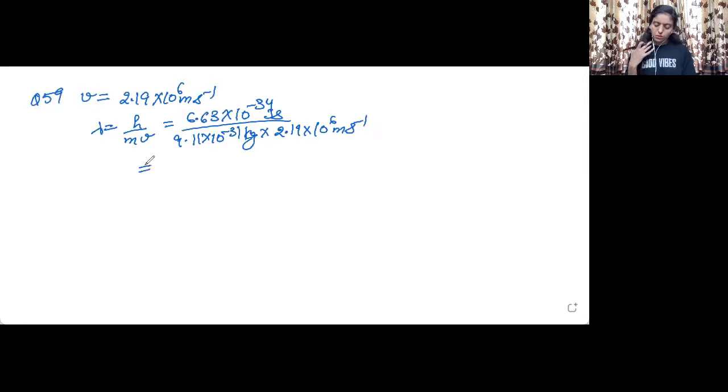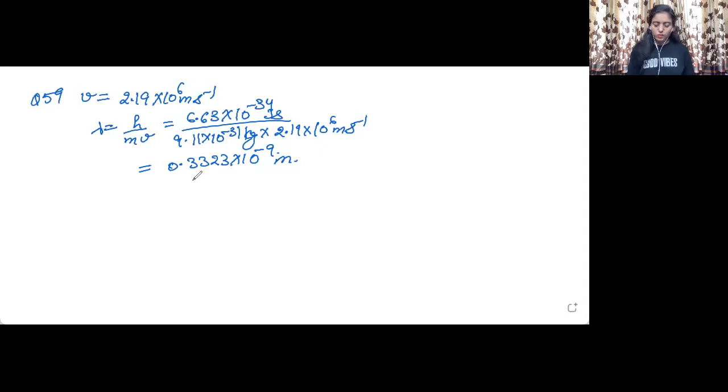So 6.63 divided by 9.11 divided by 2.19 is coming out to be 0.3323 into 10 raised to the power minus 34 plus 31 minus 6, that is minus 9 meter.